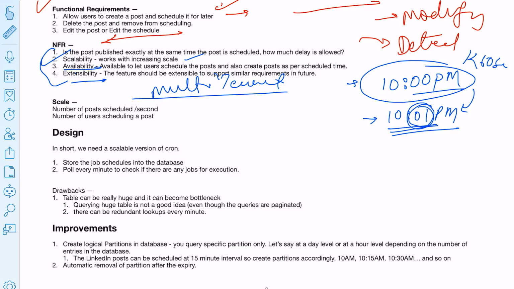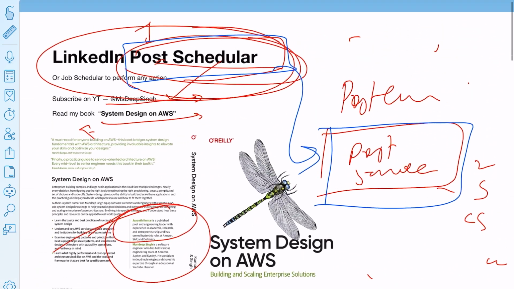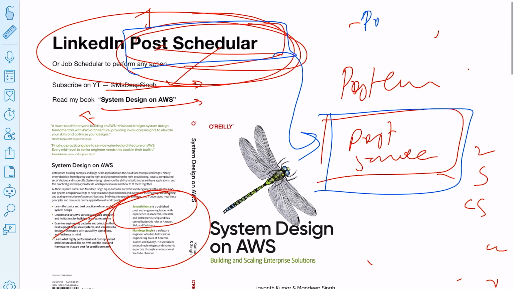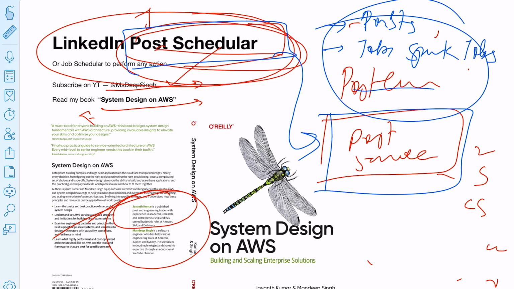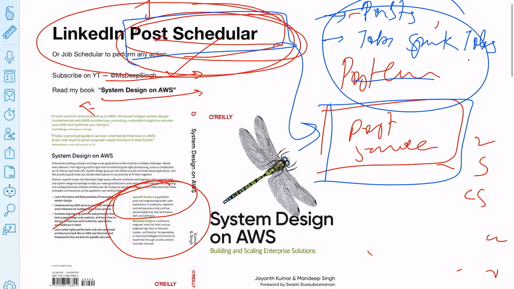You don't have to write separate application code for each use case. Let's say you have created this scheduler. It should work for scheduling posts, scheduling internal jobs, let's say Spark jobs, or scheduling something else. Scheduling is our use case and this service should be able to fulfill it.